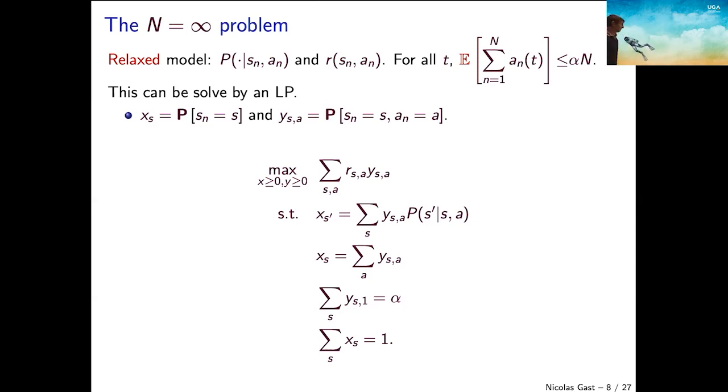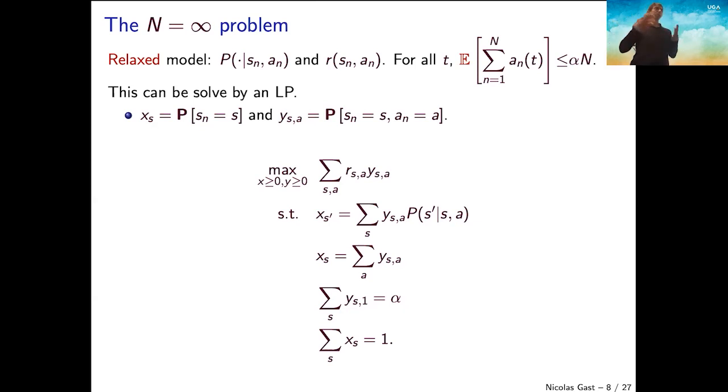If you look at the Markov equation, this gives you the first constraint. The second equation is just that for a given state s, I should choose exactly one action. The last equation is just that the probabilities sum to 1. So these three are Markov equations, and this one is my relaxed constraint.